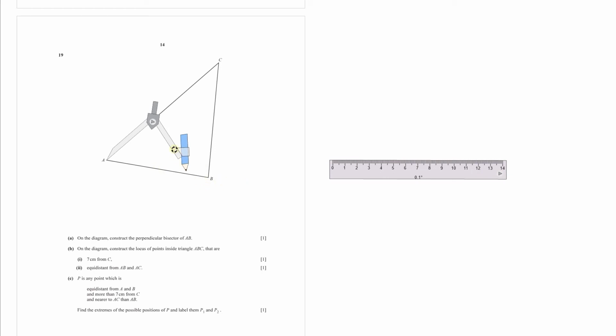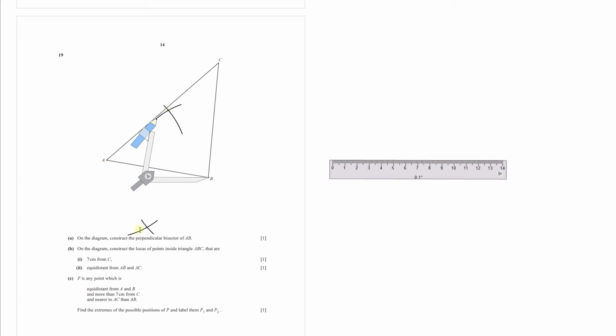So now you can draw the two arcs, one at the top and one at the bottom. So this will be your first arc here, and the other one will be below here. And then without changing the length of your compass, position it at the other edge, which is B here, and then draw the arcs. So one arc would be this, and the other one would be this here.